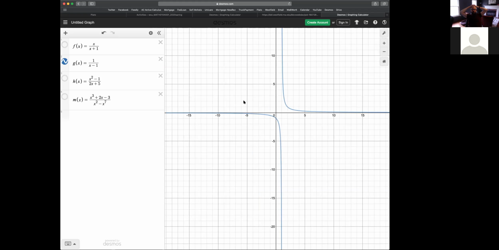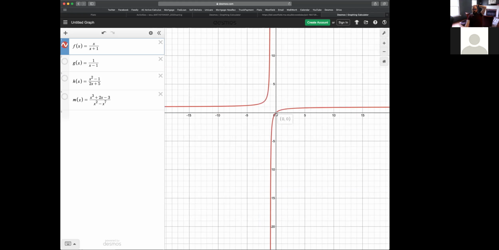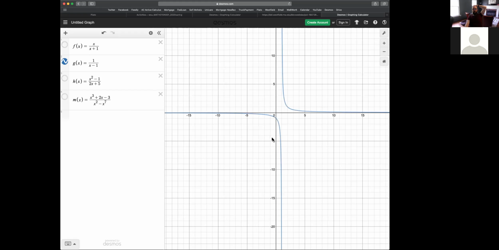So just looking at these different graphs, there might be things that we're interested in. So this one kind of looks funky. What do you think would be the points of interest on this graph? Maybe the x or y intercepts. Yeah, right. So x and y intercepts would be a good one. So what do we call the x-intercepts?